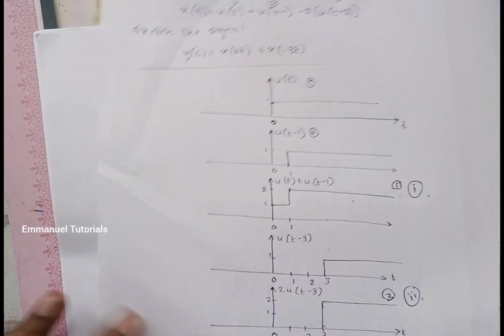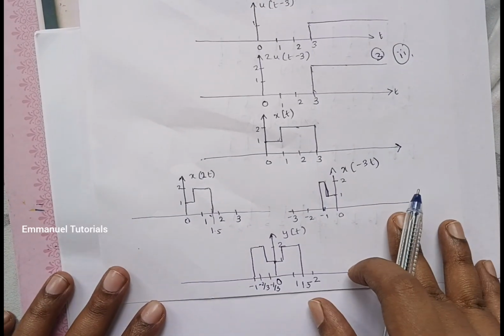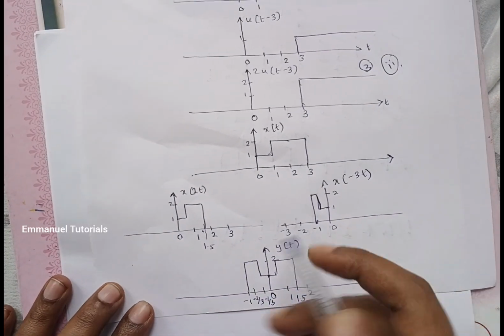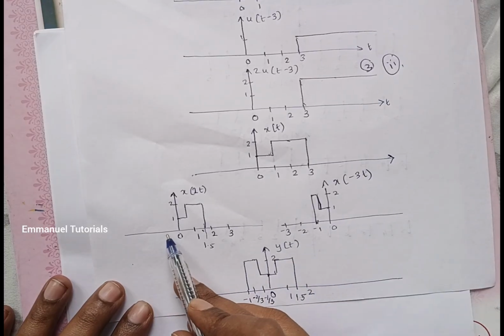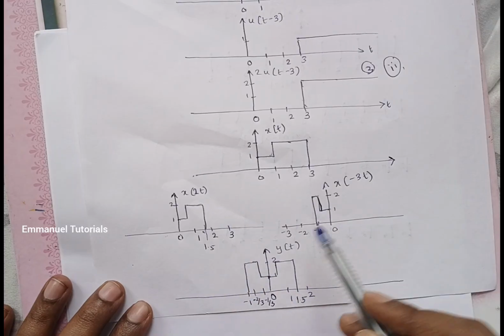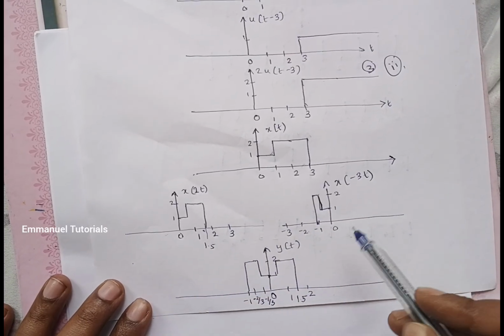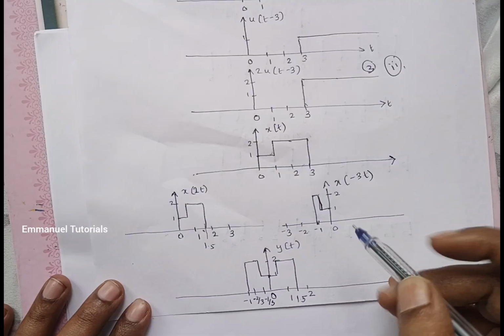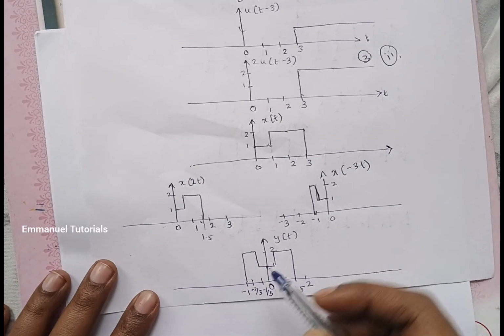And our y of t is the addition of both of these. So we'll be adding both. From minus 1 to 0, the first signal's amplitude is 0, the second signal has a shape. When there are two signals with the first signal's amplitude as 0 and the second one has a shape, the same shape will get replicated when we are adding.